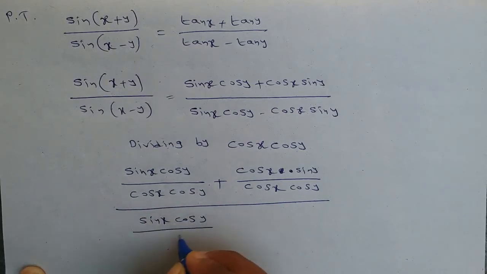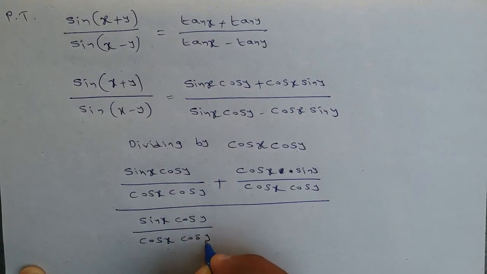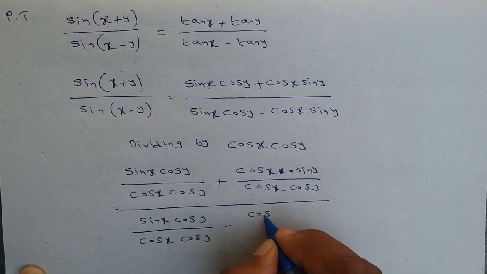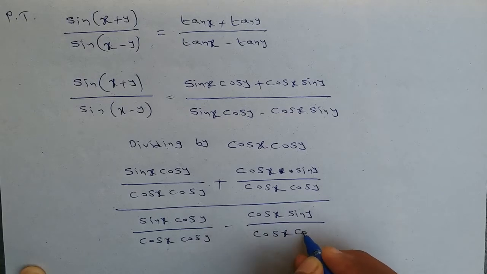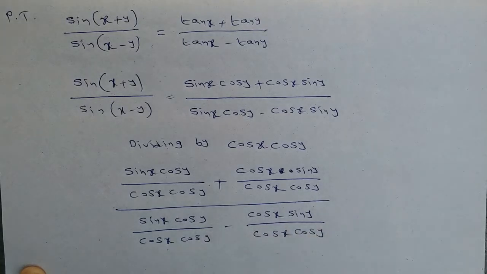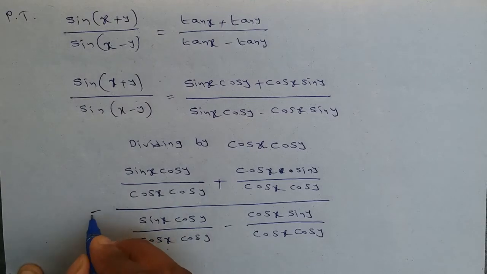Again I am dividing this by cos x cos y, minus cos x sin y. I am dividing this also by cos x cos y. Every term I am dividing by cos x cos y.